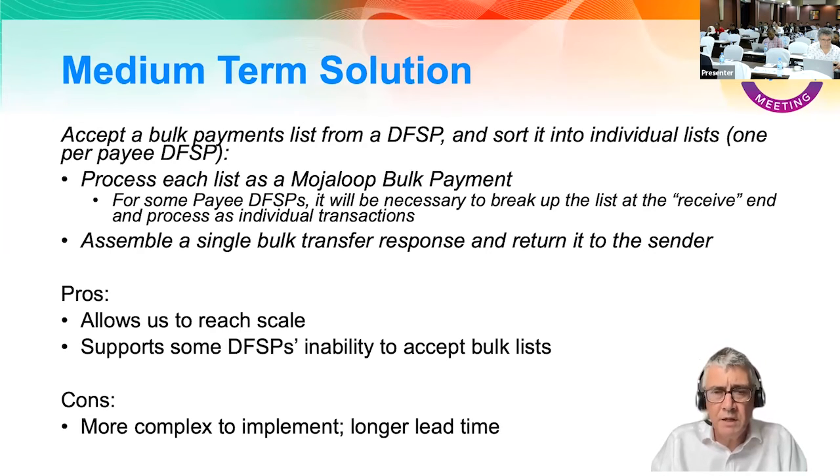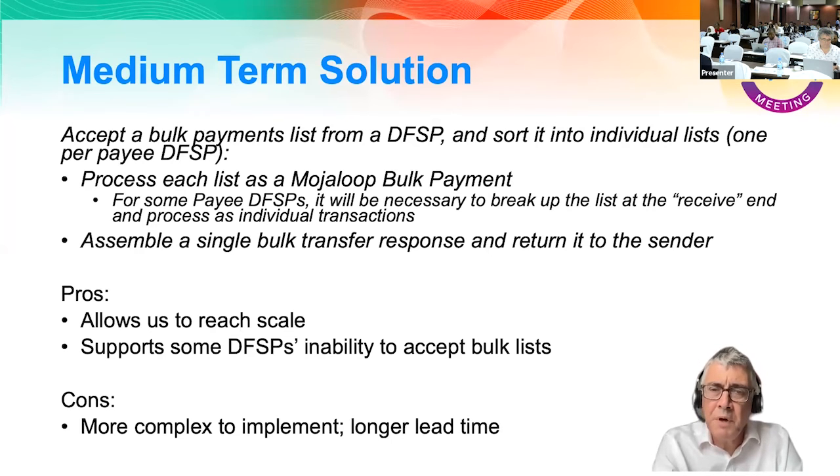So we take the list, we break it open, if you like, and we sort it by destination DFSP and create a series of individual lists. And then we process each list as a Mojaloop bulk payment. And then at the end, we assemble a single bulk transfer response and return it to the sender. So it's completely transparent to the sender DFSP, and it just looks like a standard bulk payment.